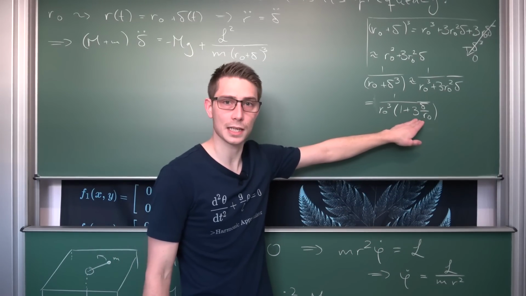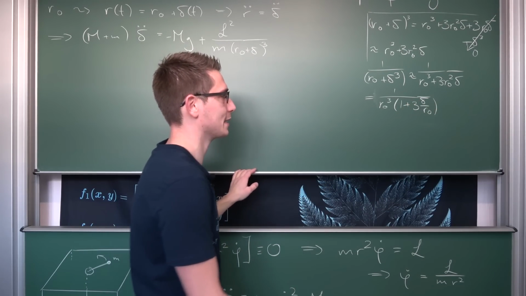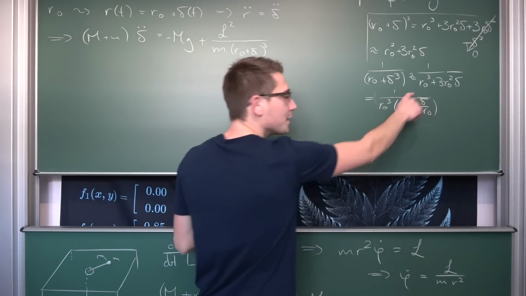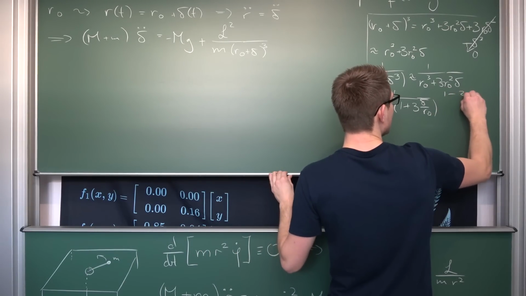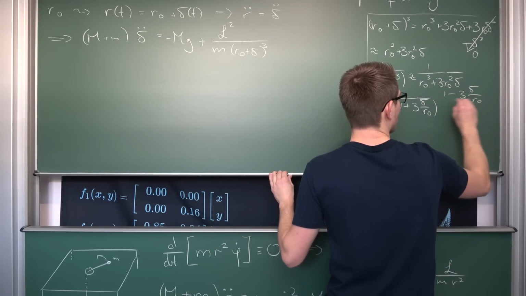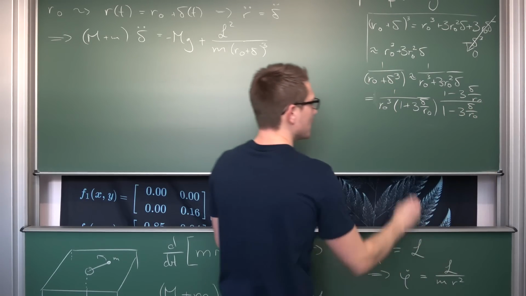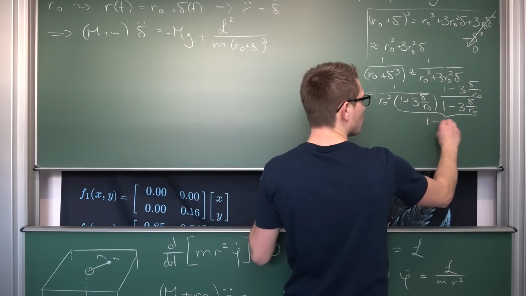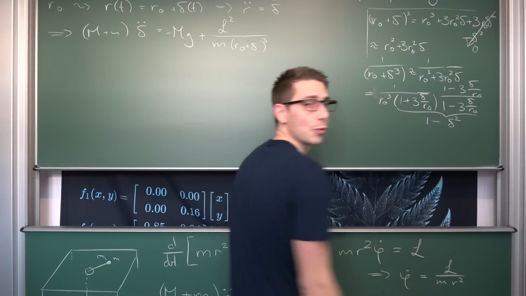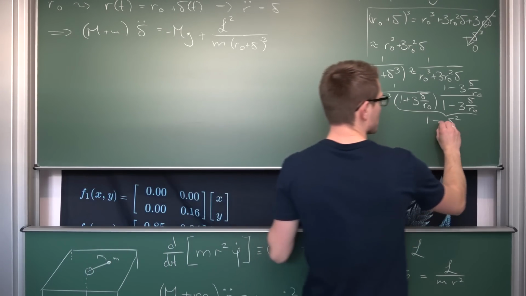What we can do basically is turn this right here into a second order term. For this we are just going to expand numerator and denominator by the conjugate of this thing, namely 1 minus 3 delta divided by r naught over 1 minus 3 delta divided by r naught. Meaning this part right here is going to be the difference of two squares. It's something like 1 minus delta squared, and we just said that terms of those kinds are going to vanish for small nudges.